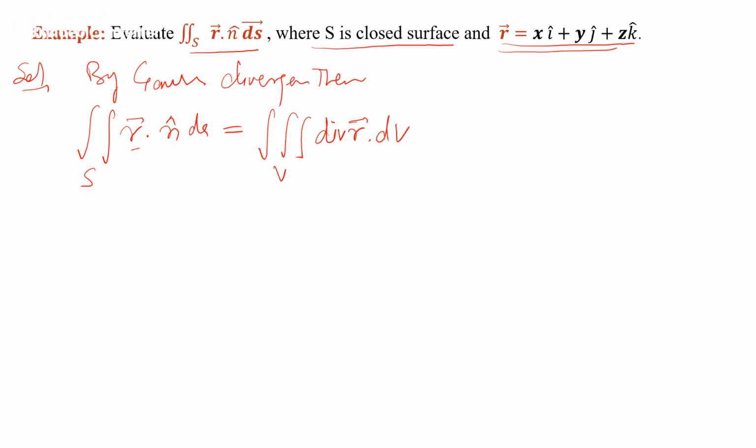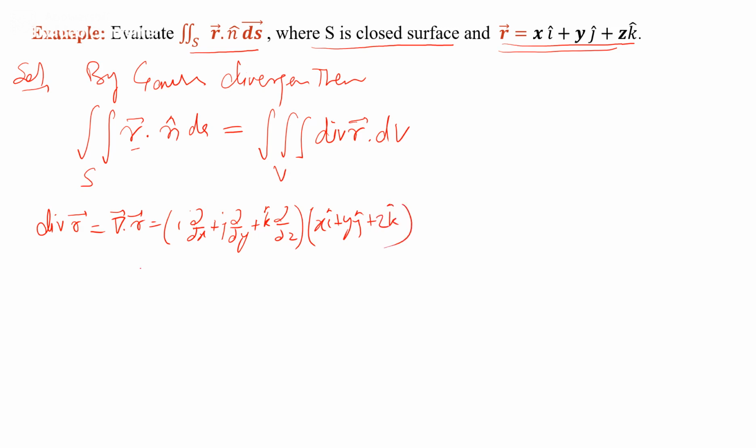xi plus yj plus zk. So first we find the divergence of vector r, del dot r: i del upon del x, j del upon del y, k del upon del z, dot xi plus yj plus zk. Now if we take i dot i, we get 1. The partial derivative of that is 1. So 1 plus 1 plus 1, we get 3.